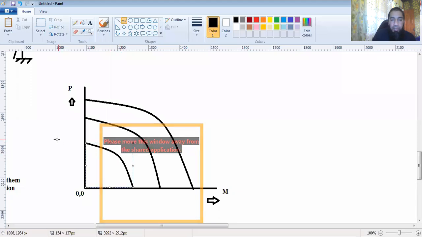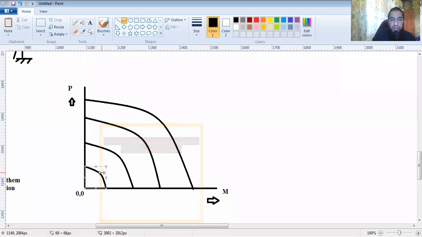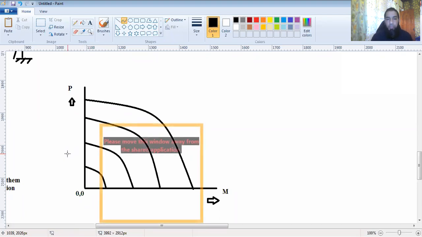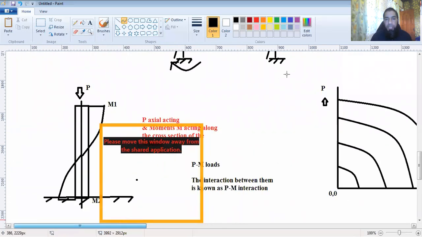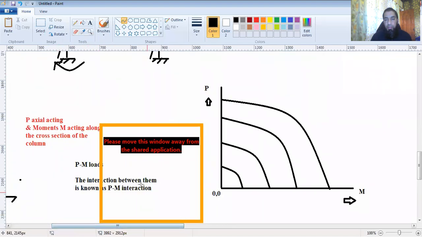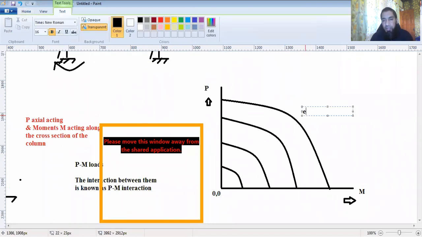Depending upon the eccentricity of the load that's acting on the column, you can have many PM interaction curves. Now, when the load P is increasing at a designated eccentricity, with increase in eccentricity you are getting more moments.